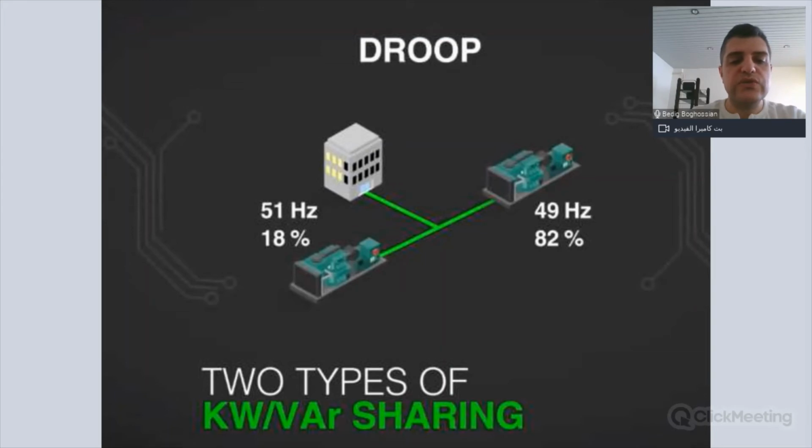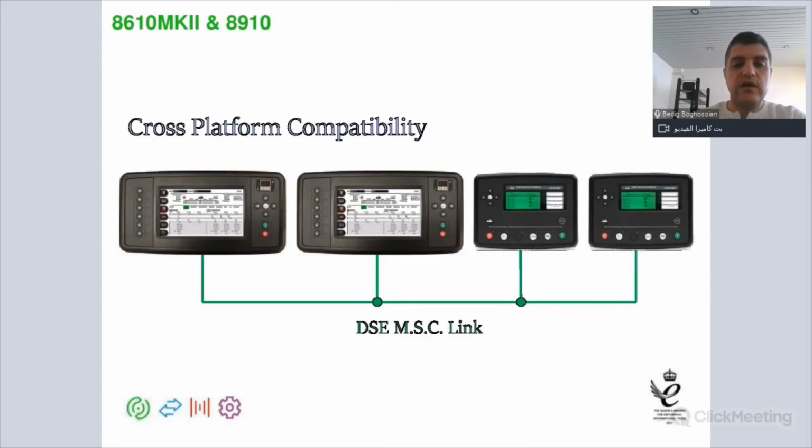Then we can use the droop load share mode in order to export kilowatt and kVAR according to the frequency and voltage levels. By the way, all these details are found inside the operator and software manuals of these products. And lastly, about the synchronizing controllers, all different variants are all compatible together.